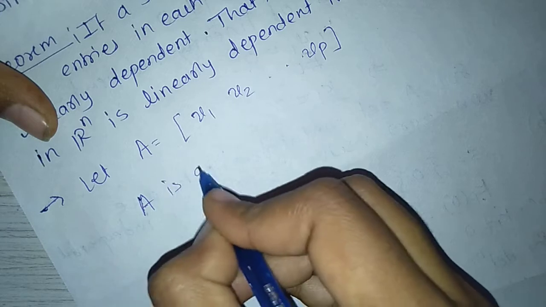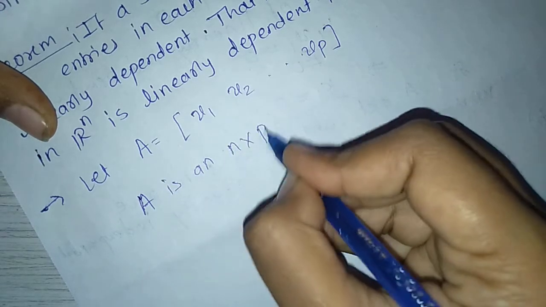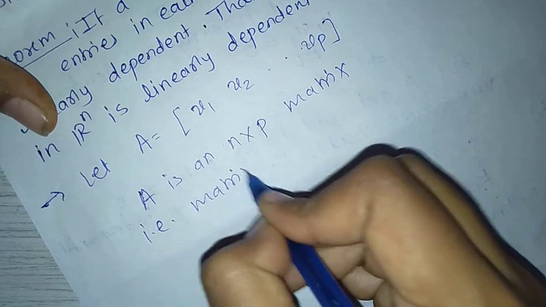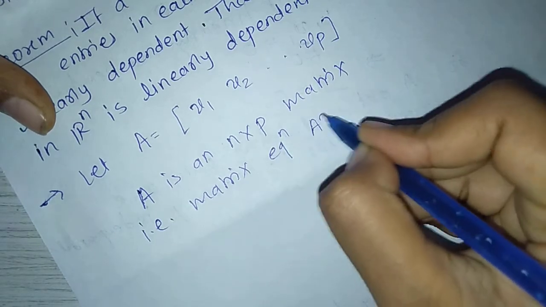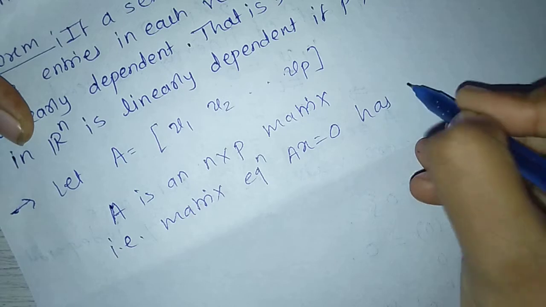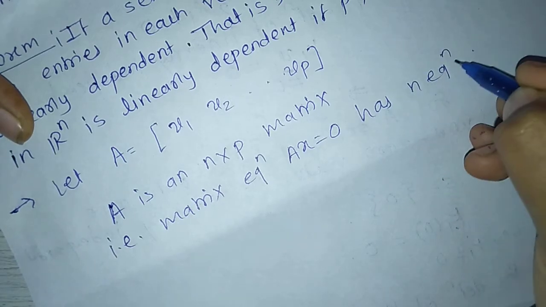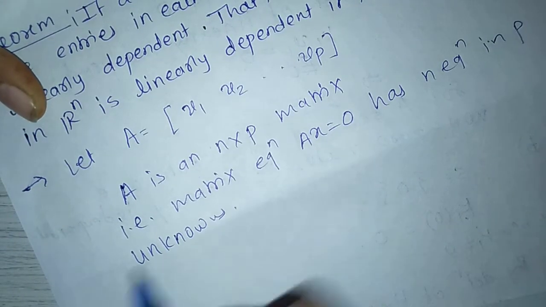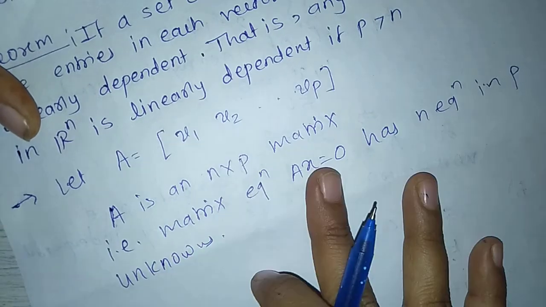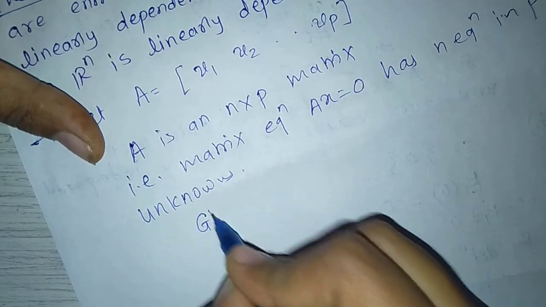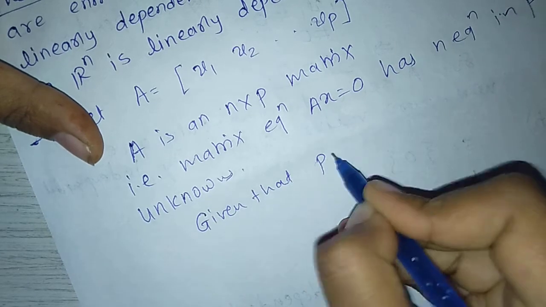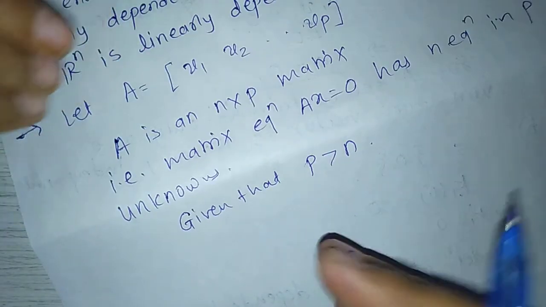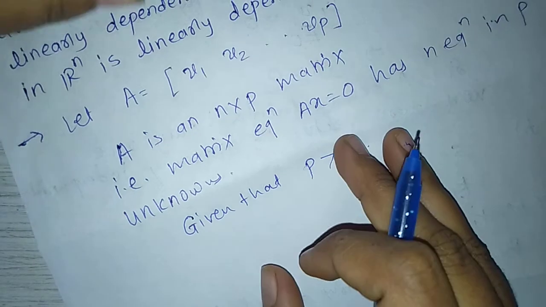Therefore, A is an n by p matrix, that is, the matrix equation A into x equal to 0 has n equations in p unknowns. P unknowns means constants. Given that p is greater than n, p means unknowns, the number of variables is greater than the number of equations.